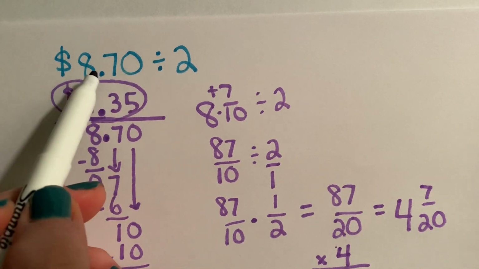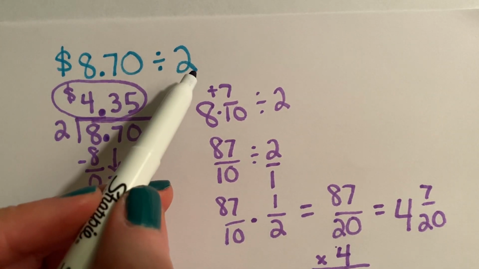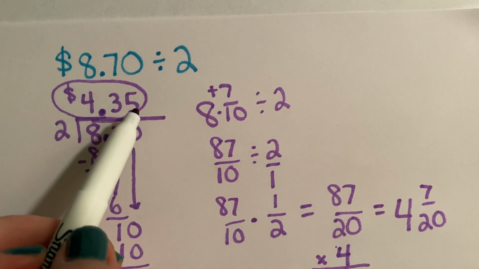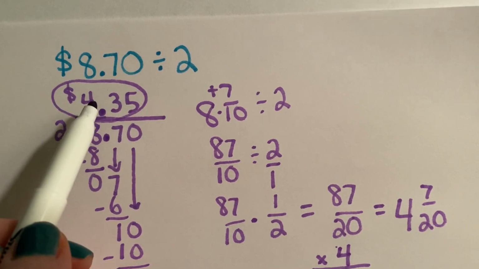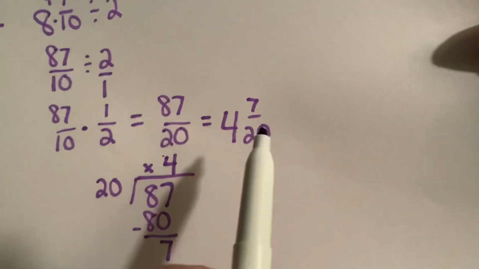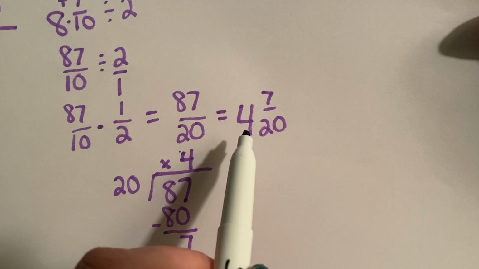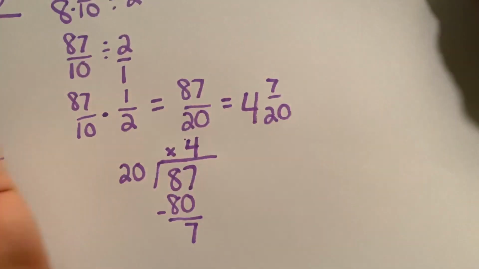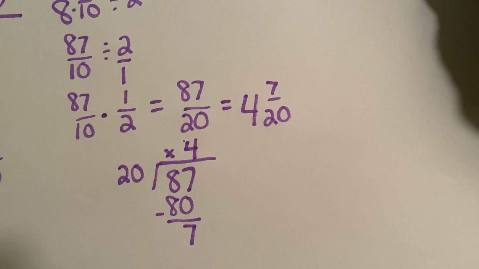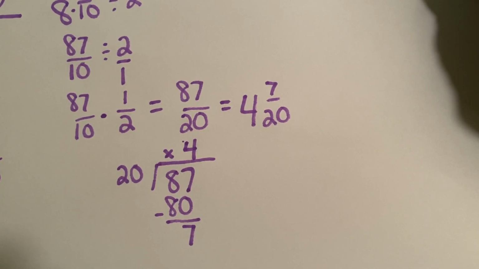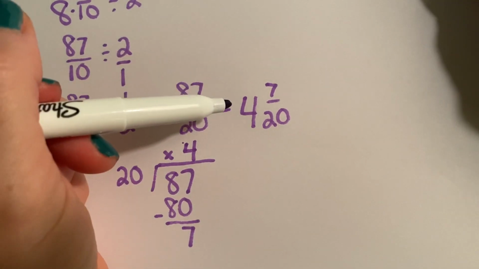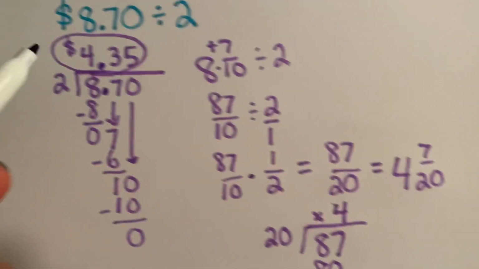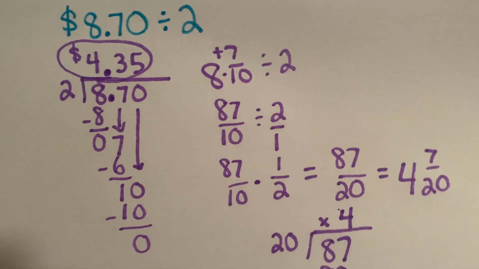Now we've been dealing with money though in this problem. Like when we took $8.70 divided by 2, we got $4.35. This makes sense to me, money. But 4 7/20 doesn't look like money. So what we want to do is we want to grow that 20, if we can, up to 100 so that we can write this number as a decimal with the place value going out to hundredths like this, 4 35/100.